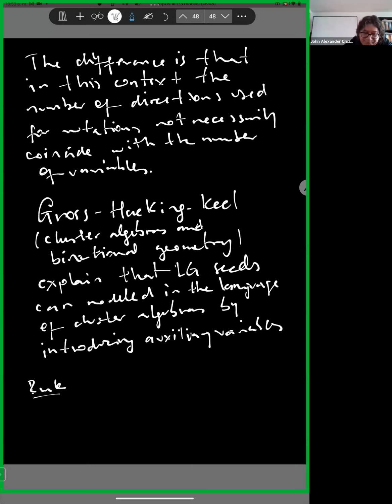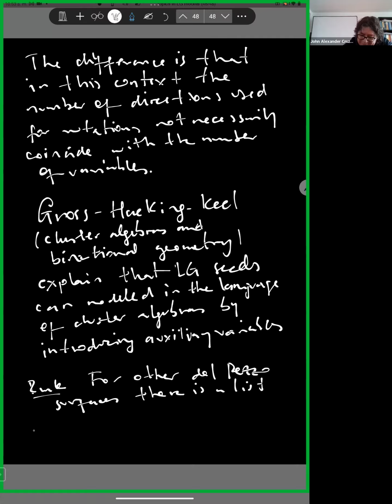So for other del Pezzo surfaces, there is a list of Landau-Ginzburg models.